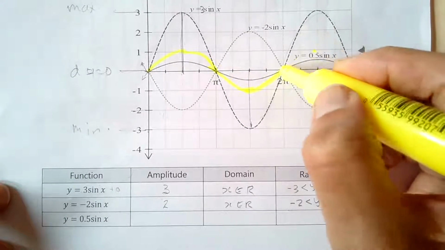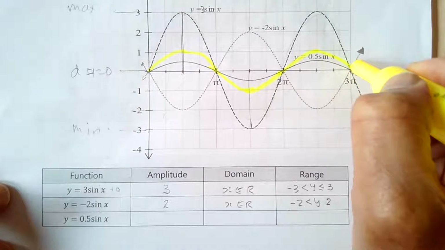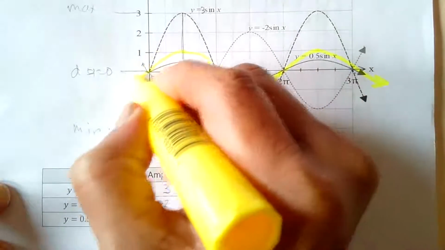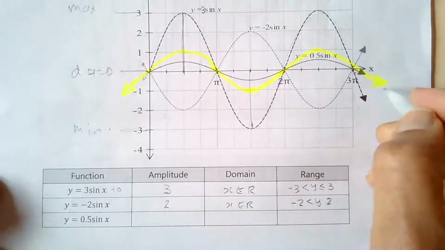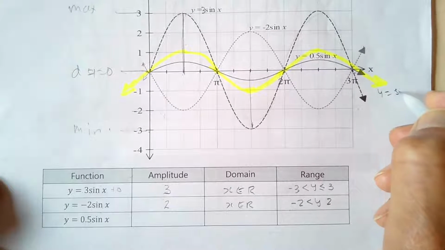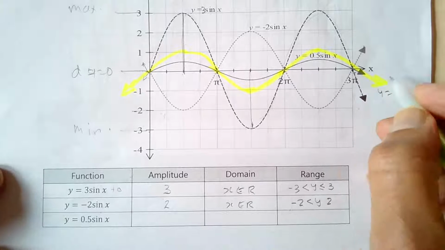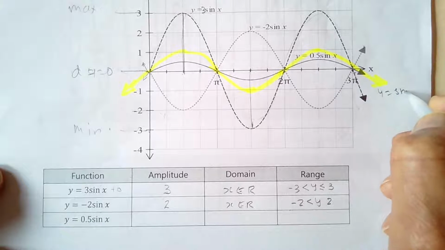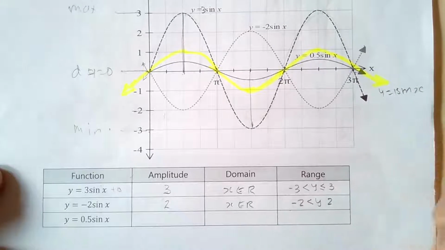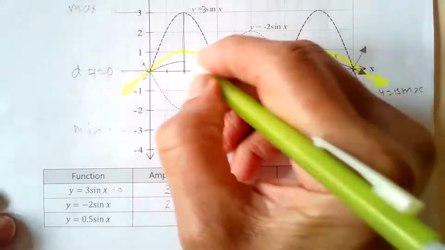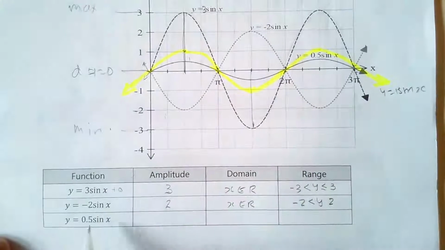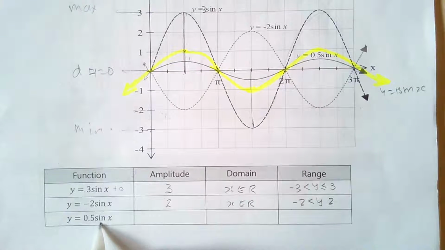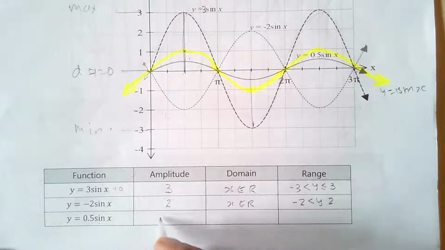And if you want to continue the graph, so y is equal to sine x. In other words, the amplitude is 1. So here your amplitude is 1. Here your amplitude is 0.5, or a half.